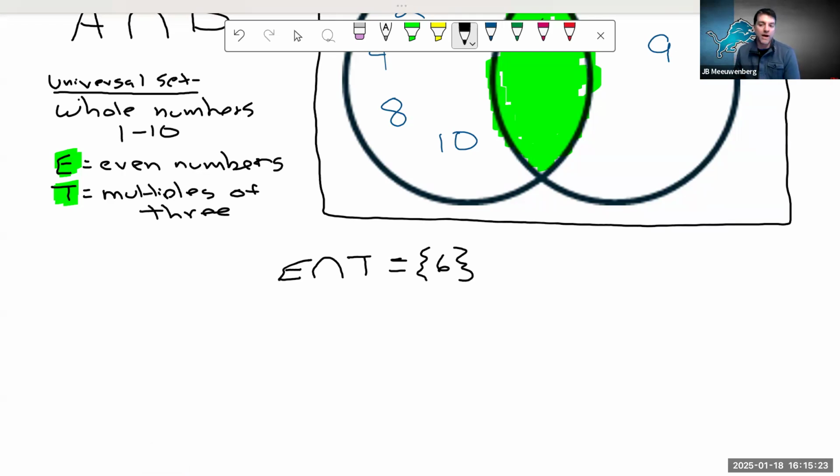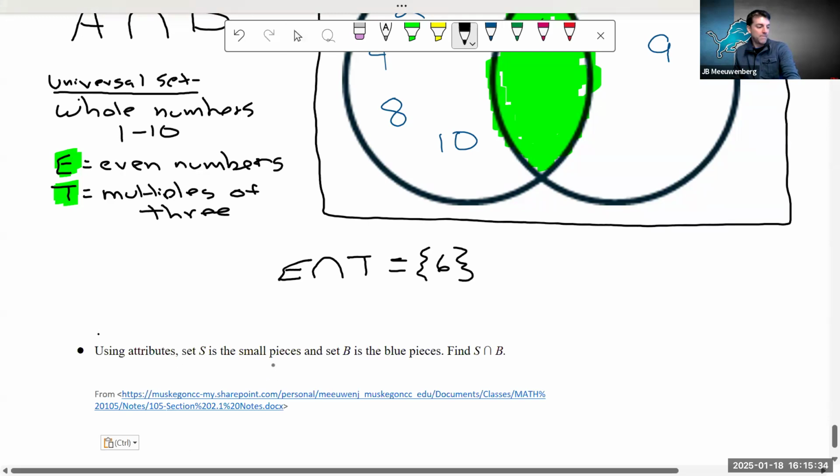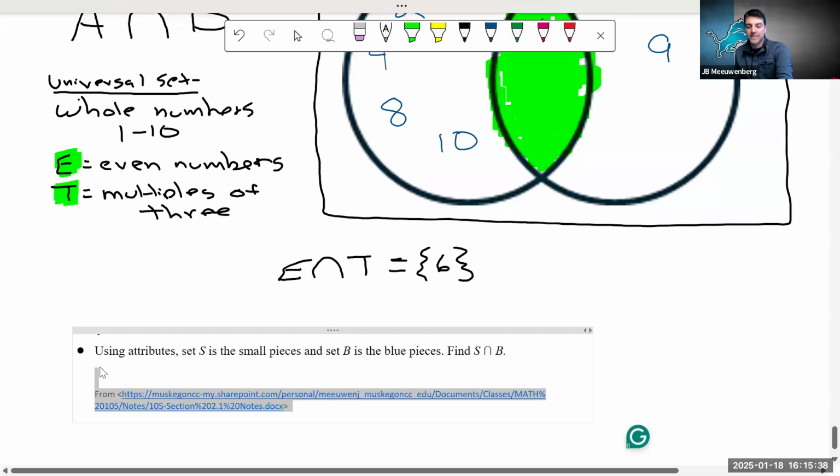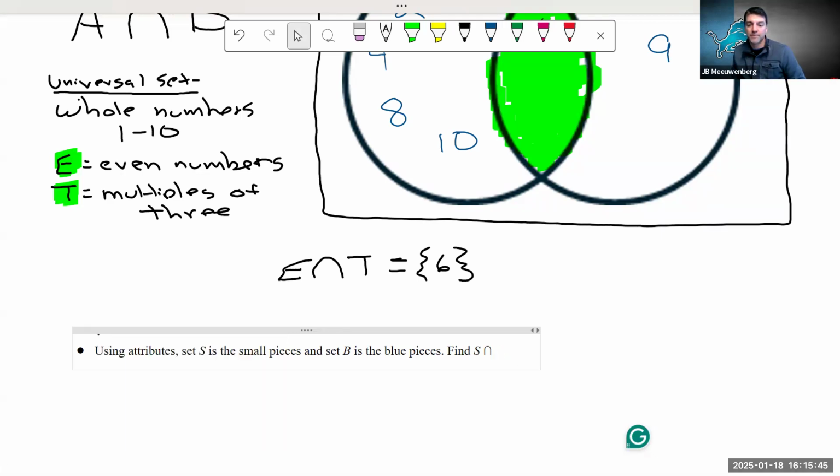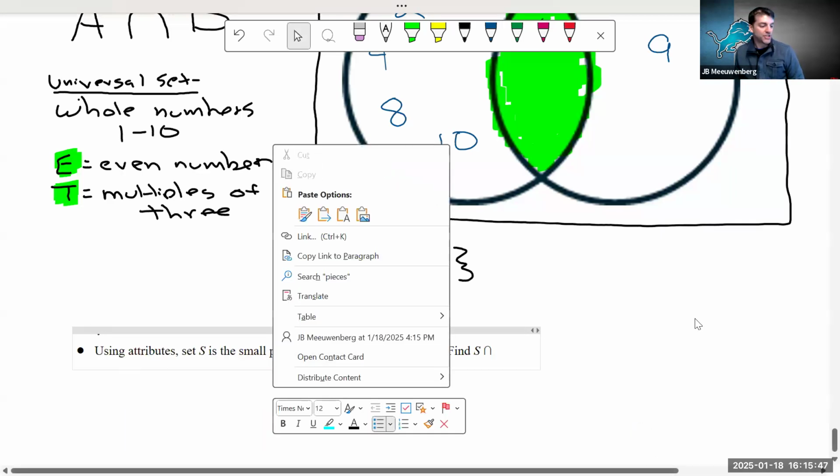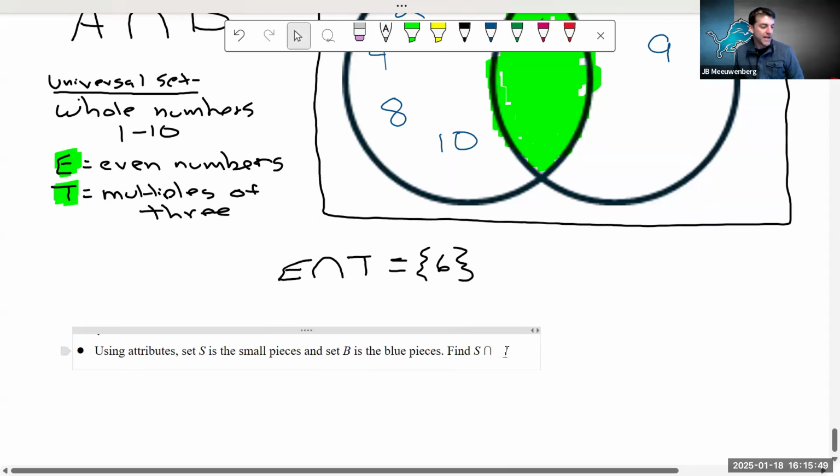So what I'd like you to do now is get out your attributes, okay? Get out your attributes, and you're going to pause and do this little activity on your own. You are going to define set S as the small pieces and set B as the blue pieces.